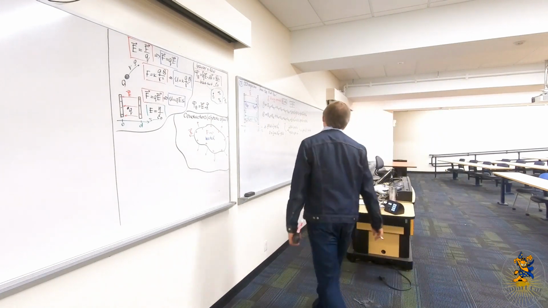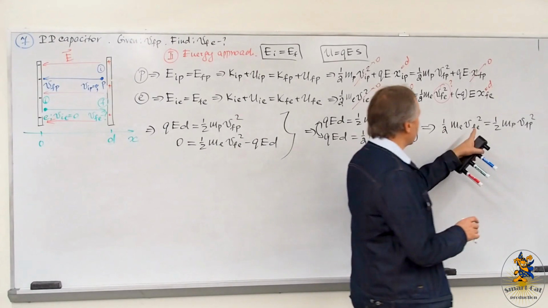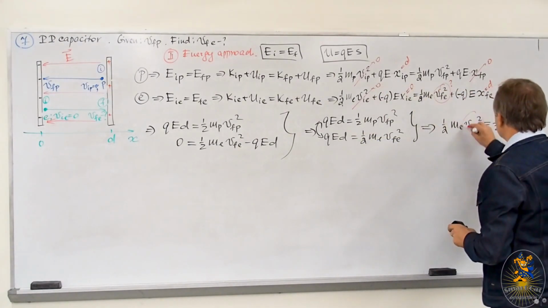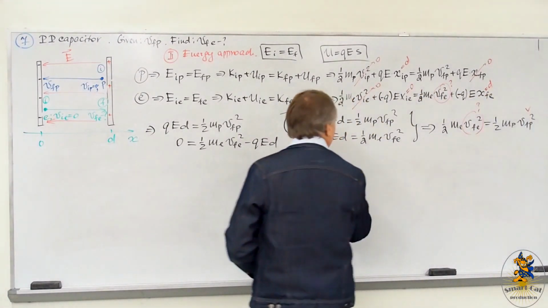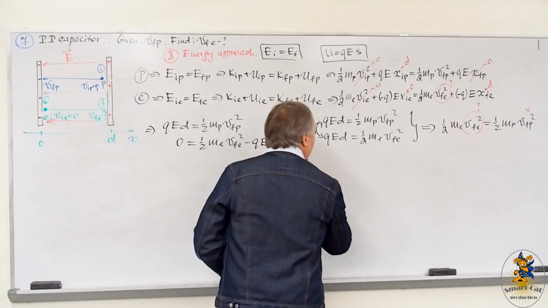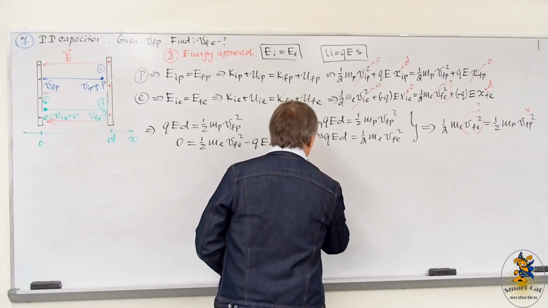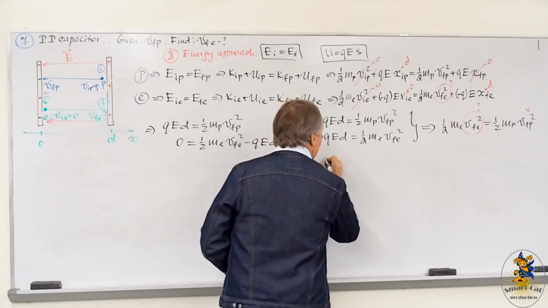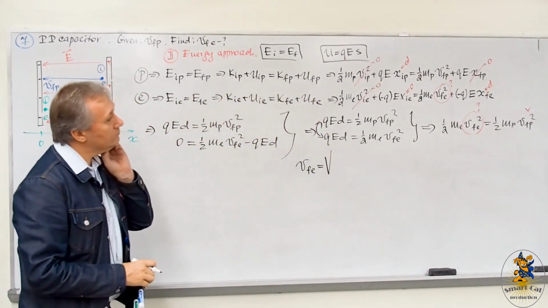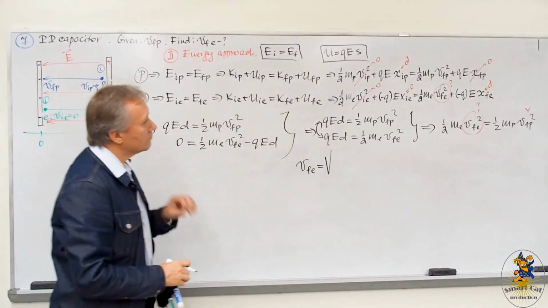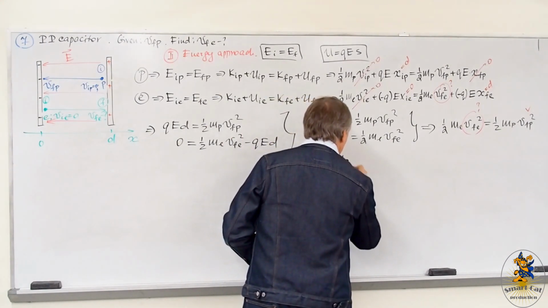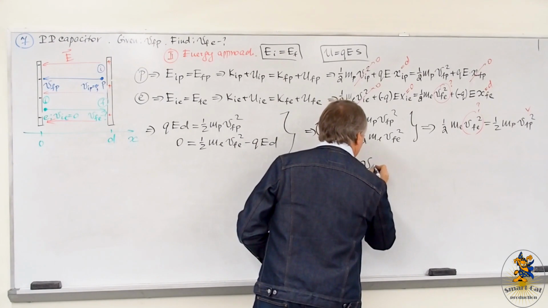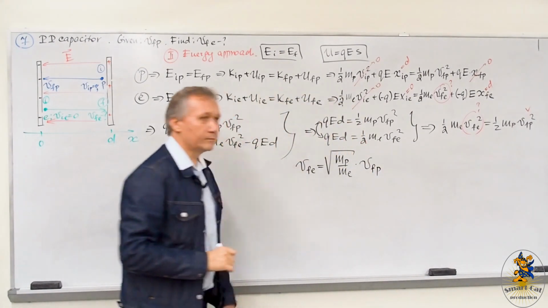Almost there. So again, this is our unknown, and this is given. Masses are also given, the 1/2 cancels, and as a result we get that velocity final of the electron equals square root of mass of the proton over mass of the electron, times V final of the proton.